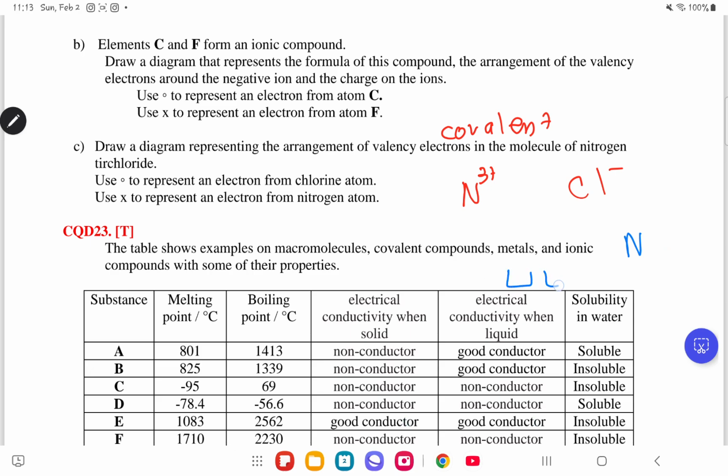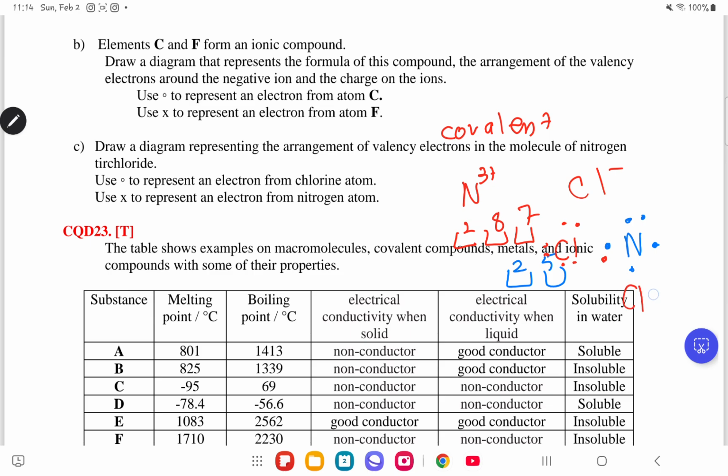And if you do its electronic configuration, it's 2, 5. So it has 1, 2, 3, 4, and 5. That means here we have 1 from Cl, because Cl has the number of valence electrons as 7. So it's going to be 1, 2, 3, 4, 5, 6, and 7 is here.